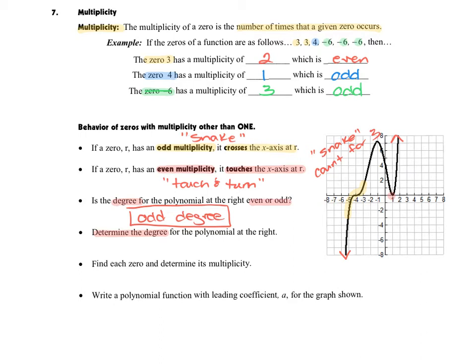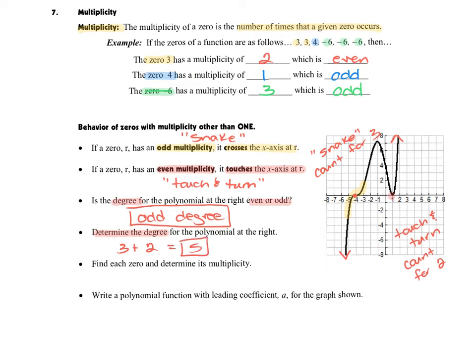So I have 3 zeros right here at -4. And then my touch and turn, this is going to count for 2. So I've got my 3 plus my 2. So I have a degree of 5. And that, of course, is exactly what I was expecting.